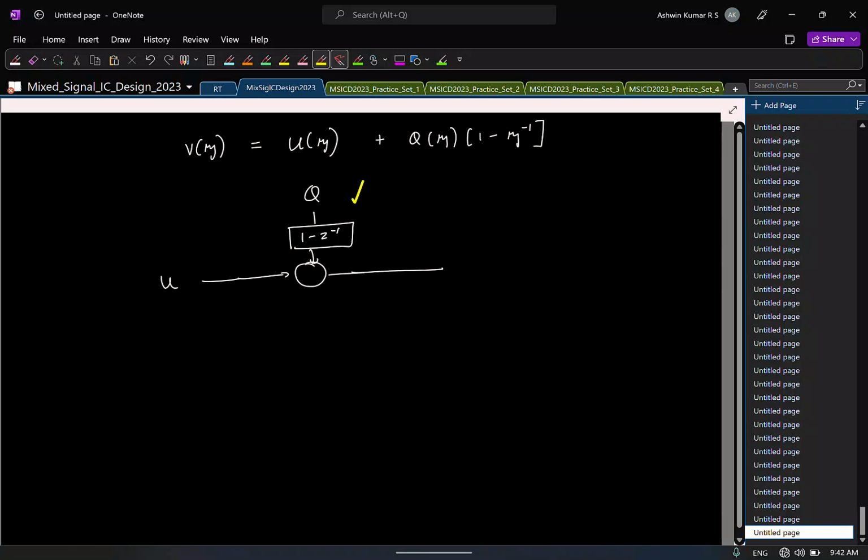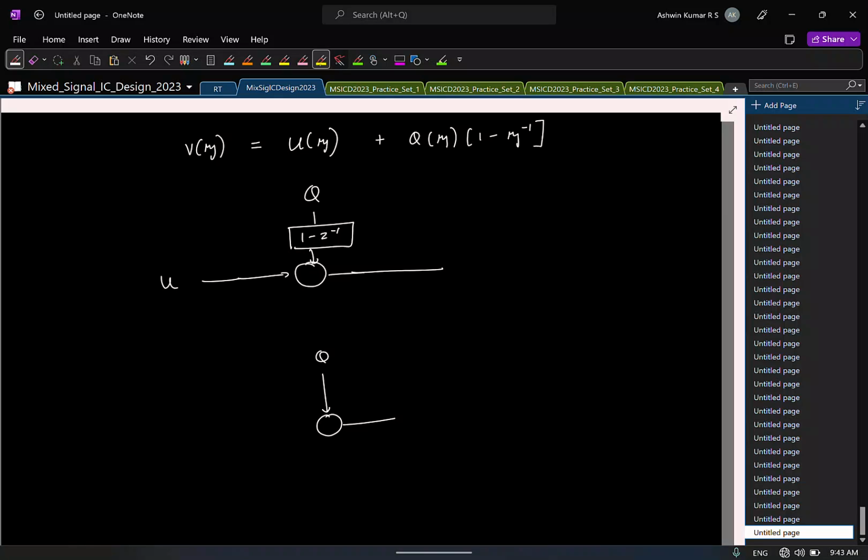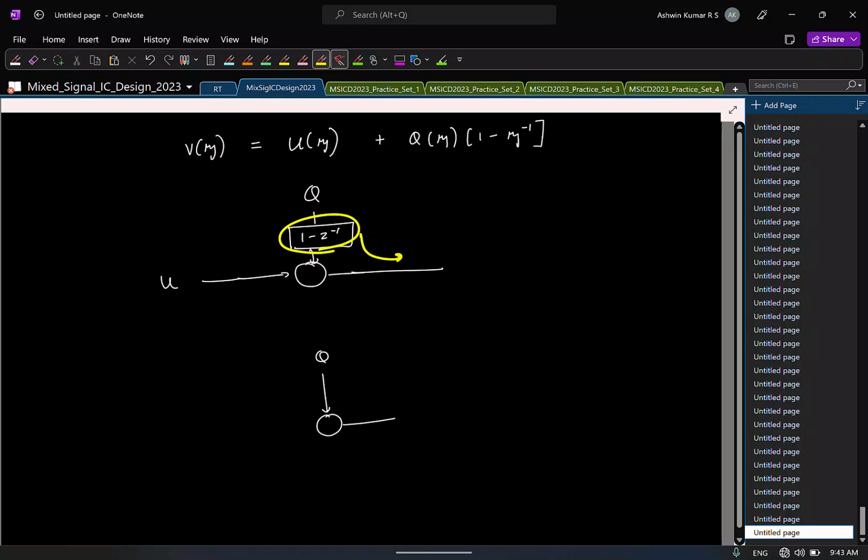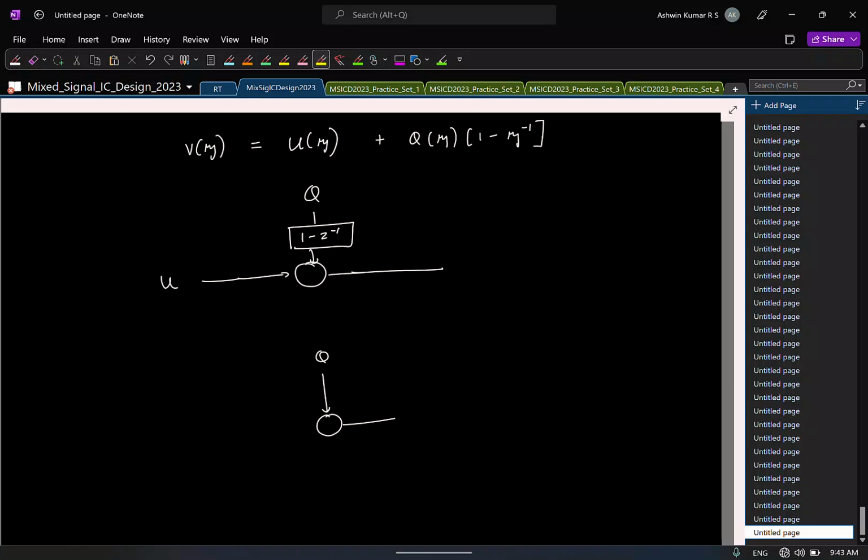Unfortunately, you don't have access to Q. So in error feedback, we got an estimate of Q by taking the output minus input. But let us say I don't do that, and I do the following instead. I know for a fact that Q is not something that is under your control. It directly adds to the ADC input. So I'll try to push this 1 minus Z inverse away from this. If I push this out of the summer, what will happen?